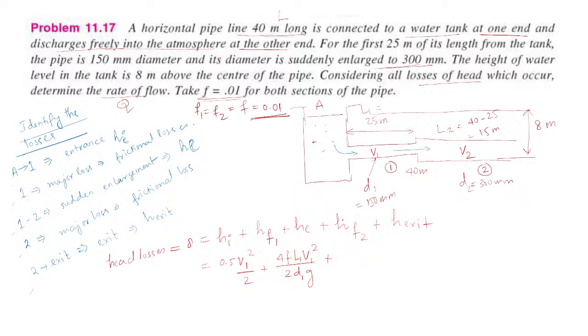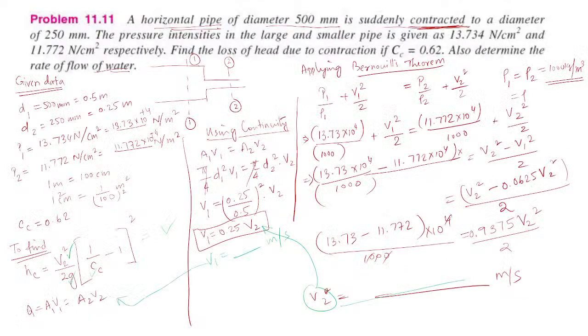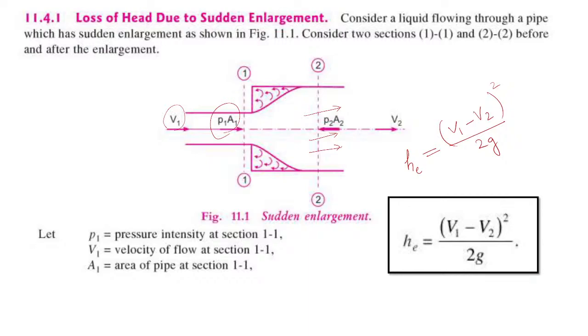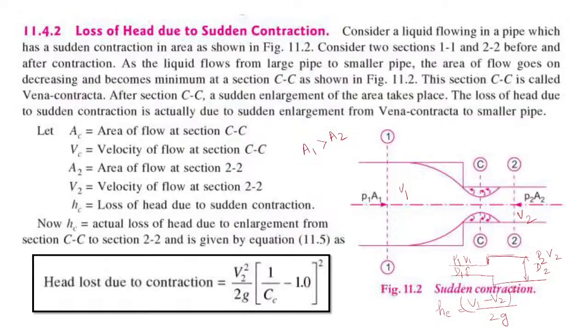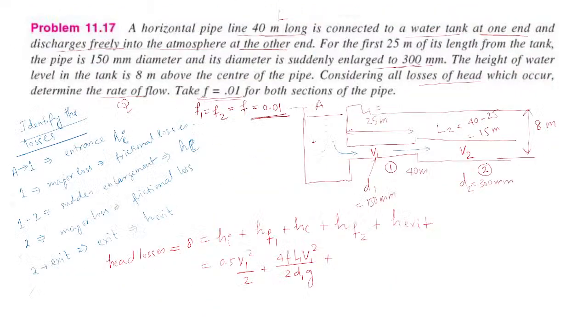Then the sudden expansion or enlargement. Let me check the formula. The sudden enlargement formula is V1 minus V2 whole square by 2g. So this is the formula.